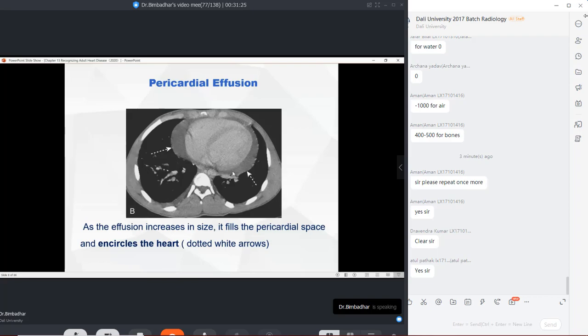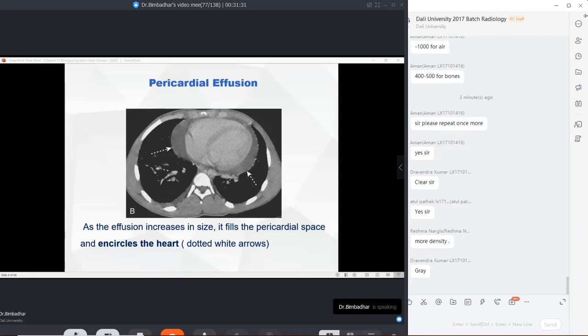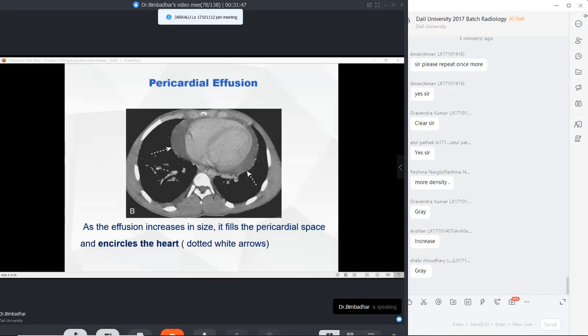More dense, and it will almost look the same as the heart shadow, because the blood has a little bit of mixture with the pericardial fluid, 15 to 50 ml, so it became diluted. It will almost look like the same density as the heart, but a much higher density than the fluid density present here.